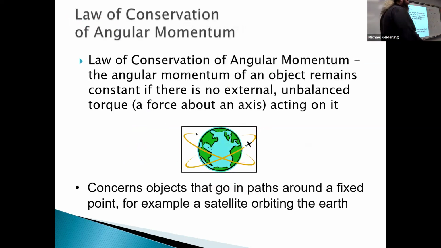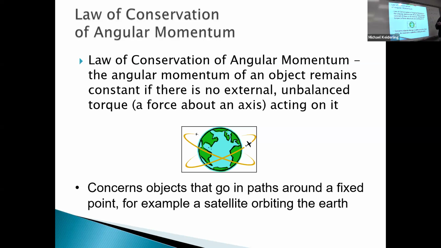Now, angular momentum is the equivalent of momentum for rotation. Spinny things also have momentum. And the law of conservation of angular momentum is that the angular momentum of an object remains constant if there are no external unbalanced torques, that is a force around an axis, acting on it.